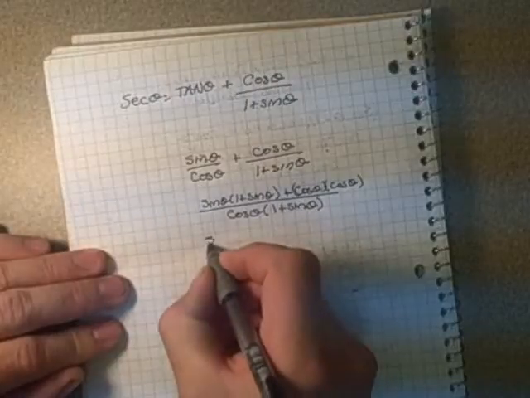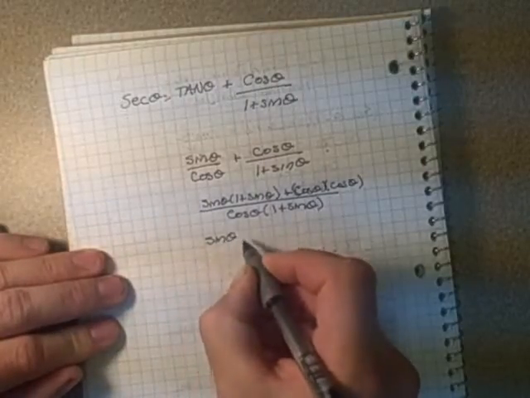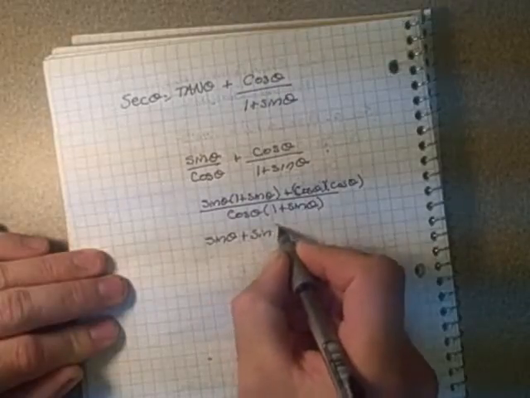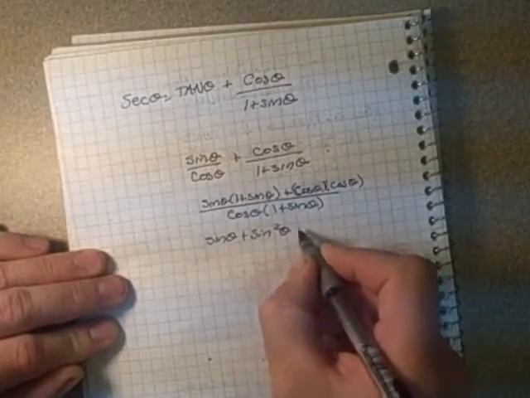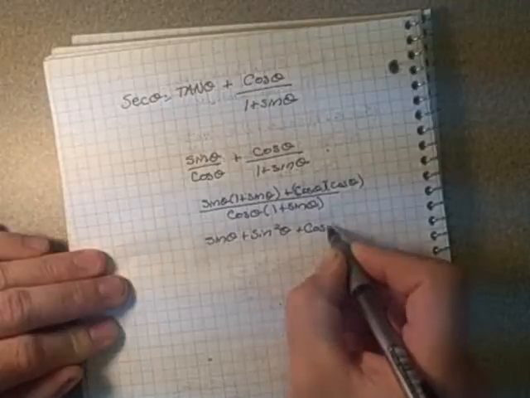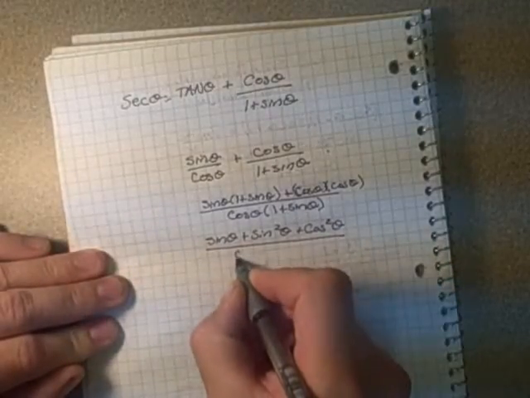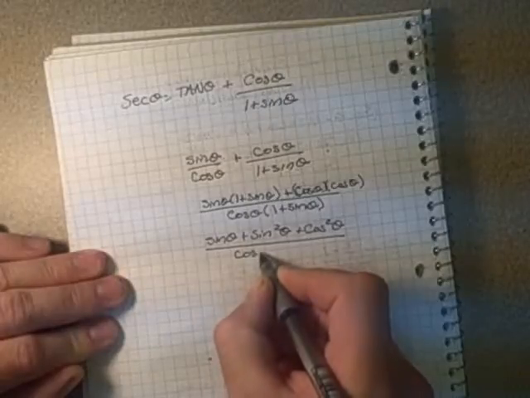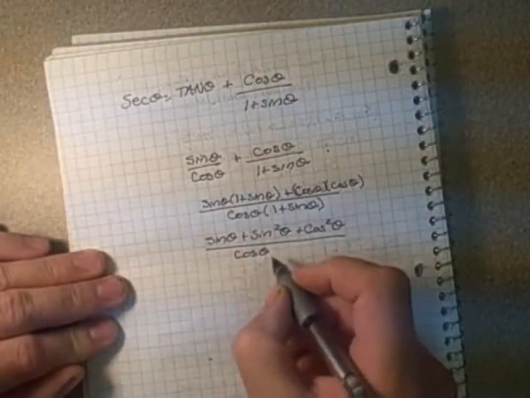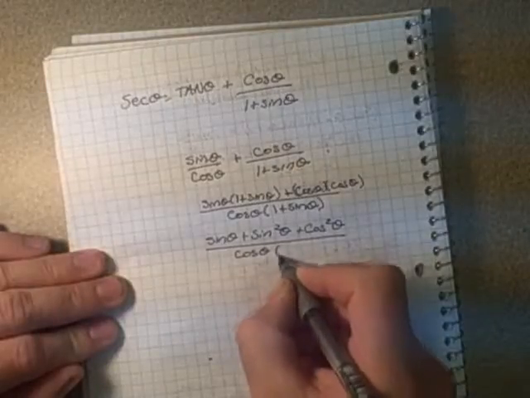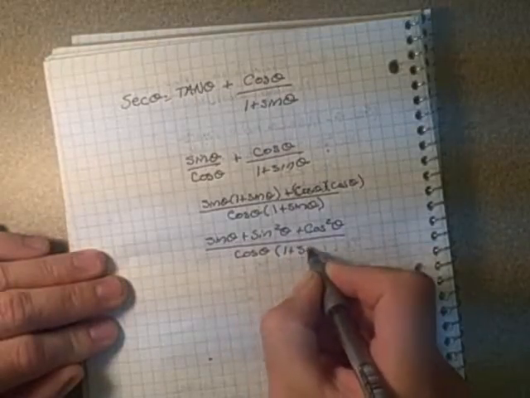Okay, so then we can simplify this here, one still on top. So that would be sine theta plus sine squared theta plus cos squared theta over cos theta times 1 plus sine theta.